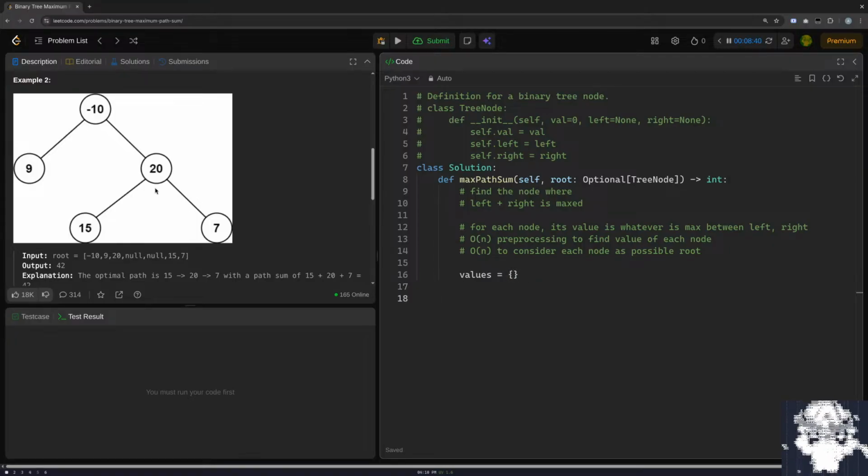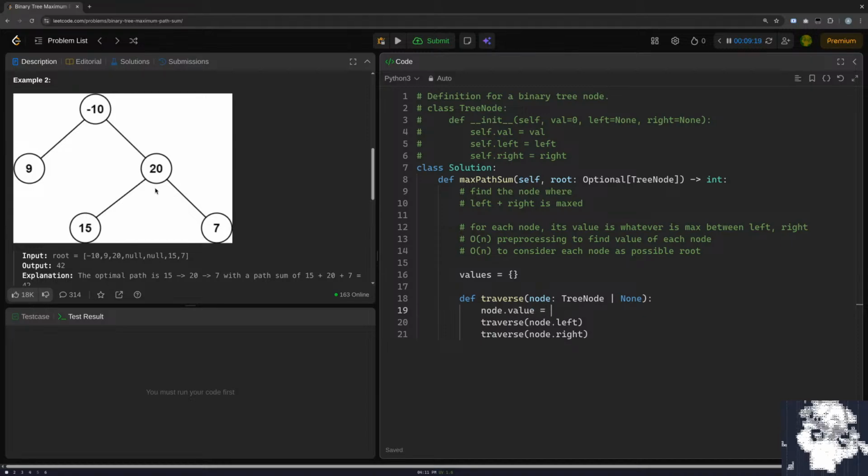We want to iterate over the nodes, so we'll just do a little tree traversal for each node. So def traverse node, tree node or None. Traverse node.left, traverse node.right, and deal with node.